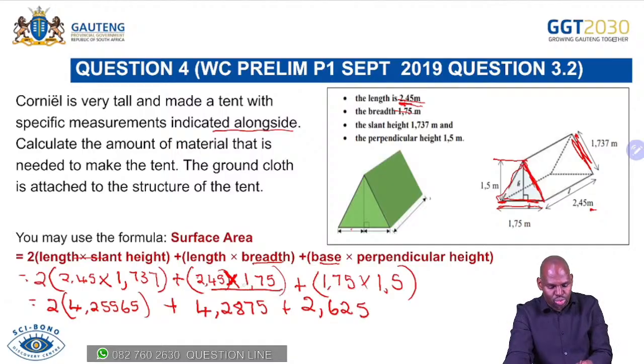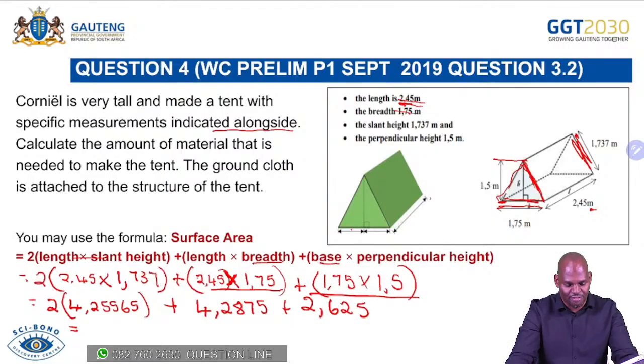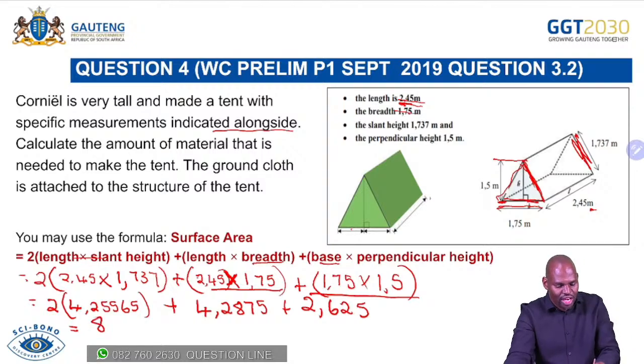These two have already been simplified, so there we still have to simplify it further. It's 2 multiplied by 4.25565, and then the answer is 8.5113.